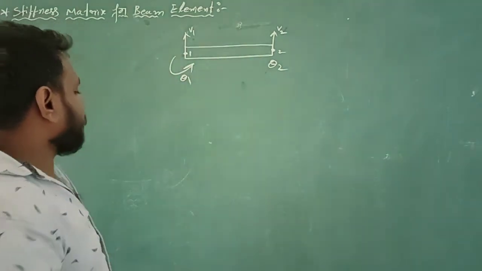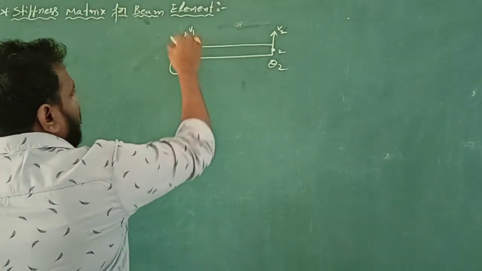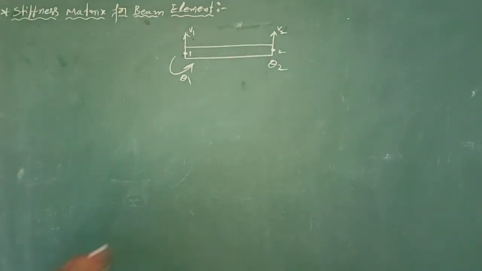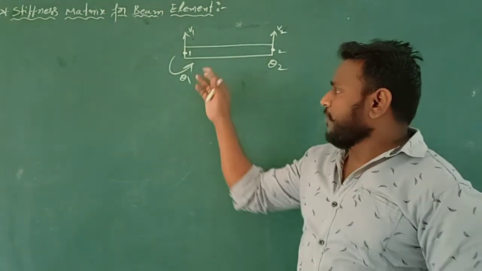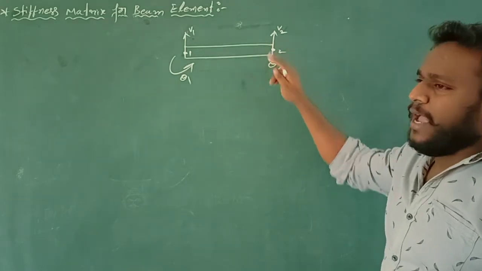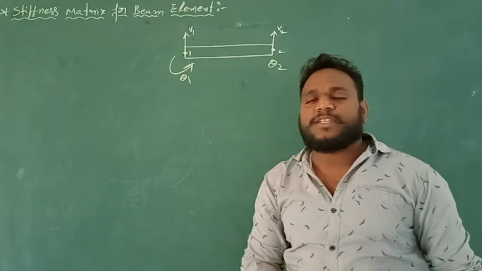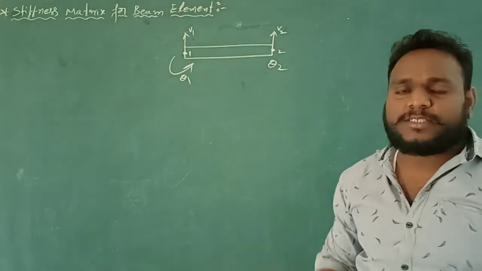In this video, I'm now writing an equation for the relation between the Hermite shape functions and the deflections. Each node has two deflections, so because of this, the element has four Hermite shape functions: H1, H2, H3 and H4.